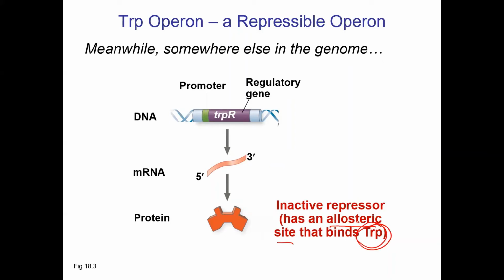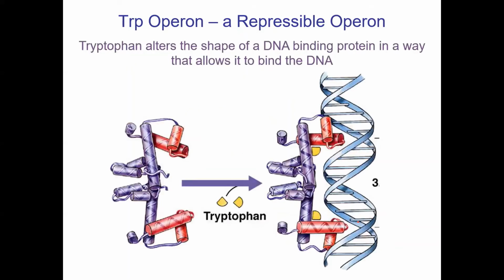This goes way back to our enzyme unit where we talked about allosteric enzymes, which have a region on them that can bind some sort of regulatory molecule. In this case, the regulatory molecule is tryptophan.